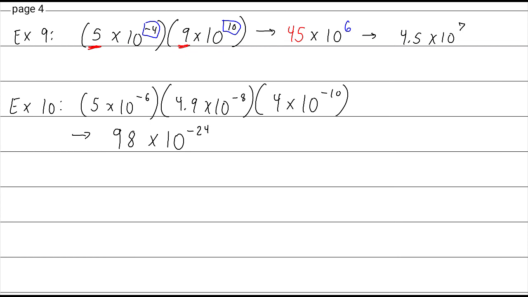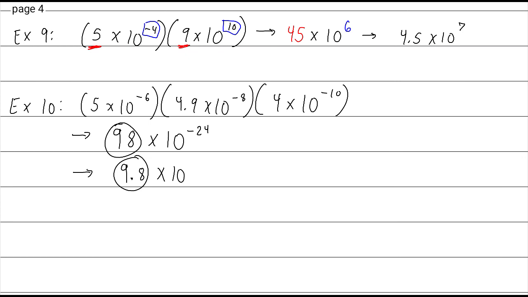That's a really small number, right? But hold on. It needs to be 9.8 times 10 to negative something, right? So the question now becomes, let's compare these two. 9.8 and 98.